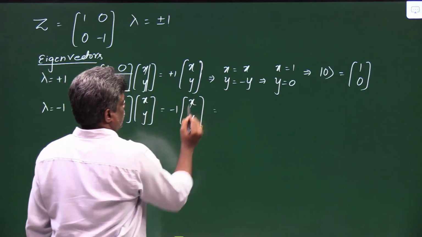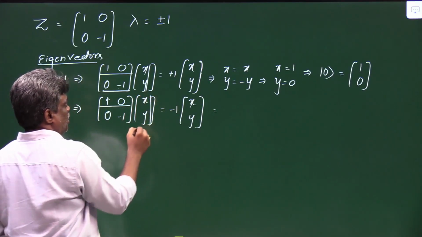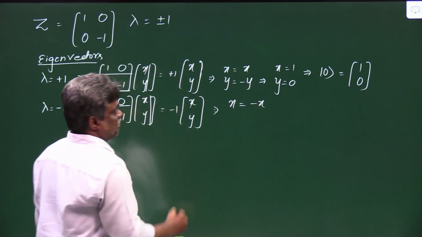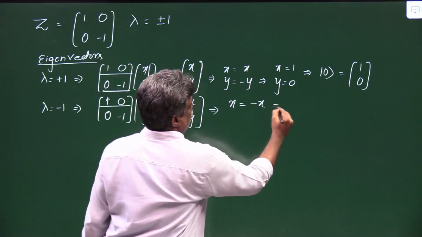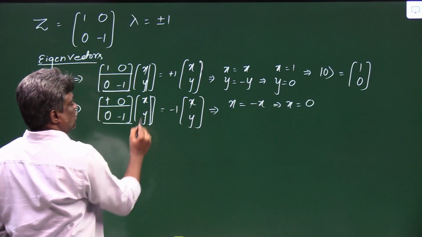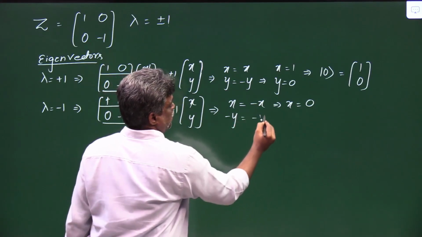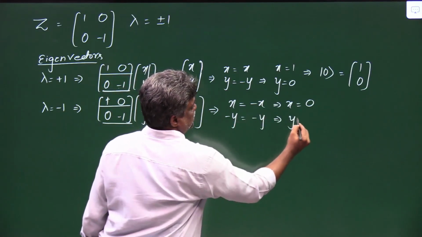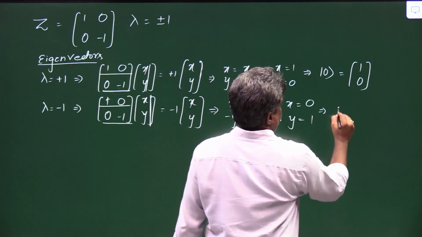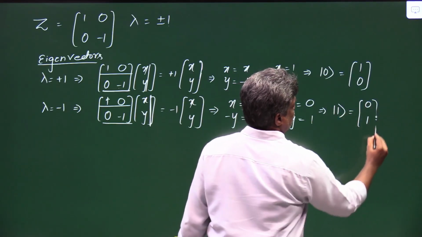Okay. So again take the first row and first column, I mean this row and column. So here you are getting, this time, x equal to minus x. x equal to minus x means obviously x is always 0. And if you take this row and this column, we get minus y equal to minus y. That means we can take y equal to 1. So this is taken as another computational basis, ket 1, which is (0, 1).